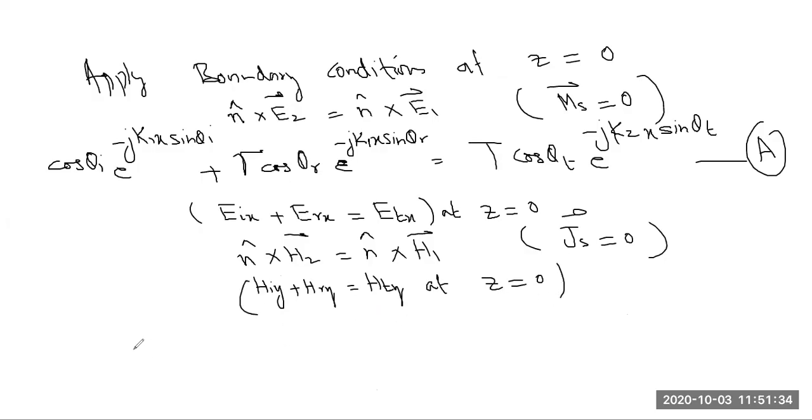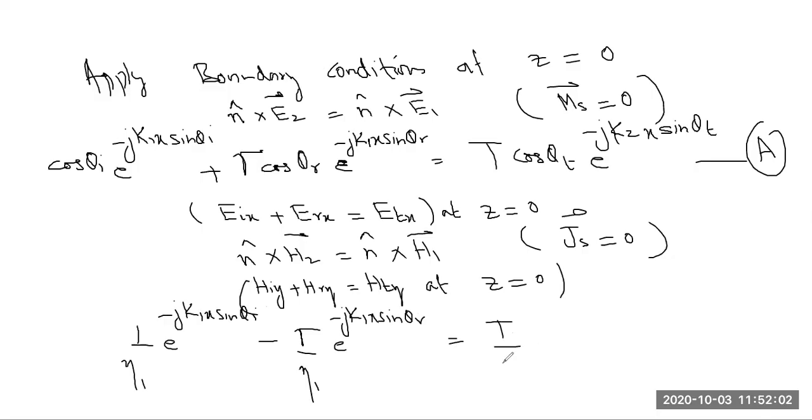So if you use this condition, you will get 1 over eta 1 e power minus jk1 x sin theta I minus gamma divided by eta, not eta 2, it's eta 1, e power minus jk1 x sin theta r equal to T divided by eta 2 e power minus jk2 x sin theta t.